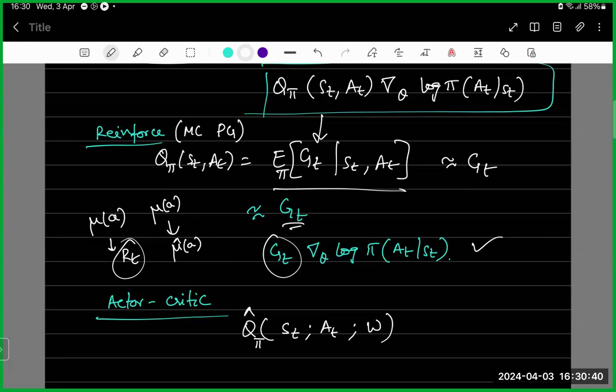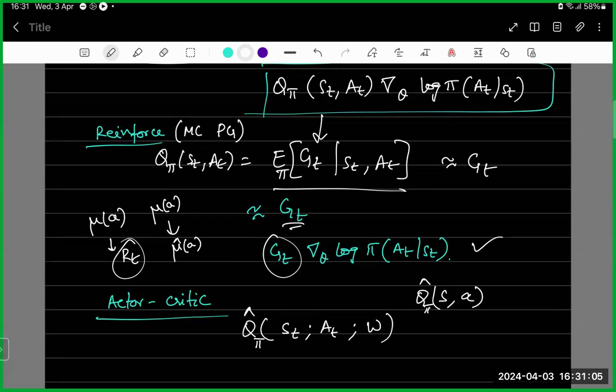Let's say you are interested in the estimate for q pi of s comma a, q pi hat of s comma a. Then we have learned different ways of finding this, right? For example, you can maintain a neural network and keep updating it. We have looked at TD based approximation also, right?